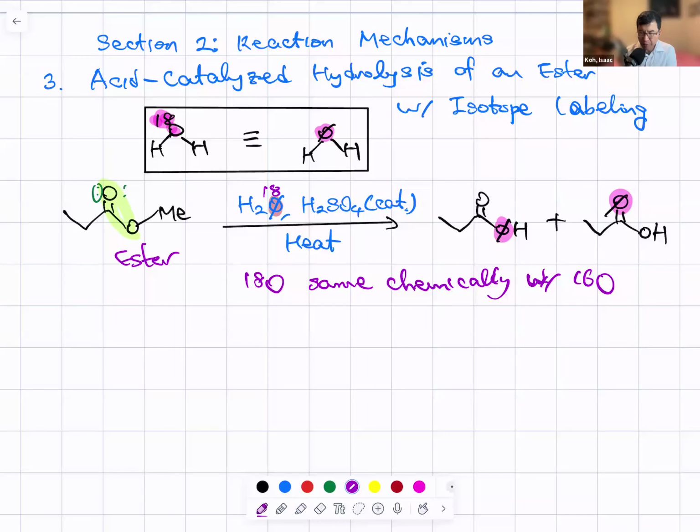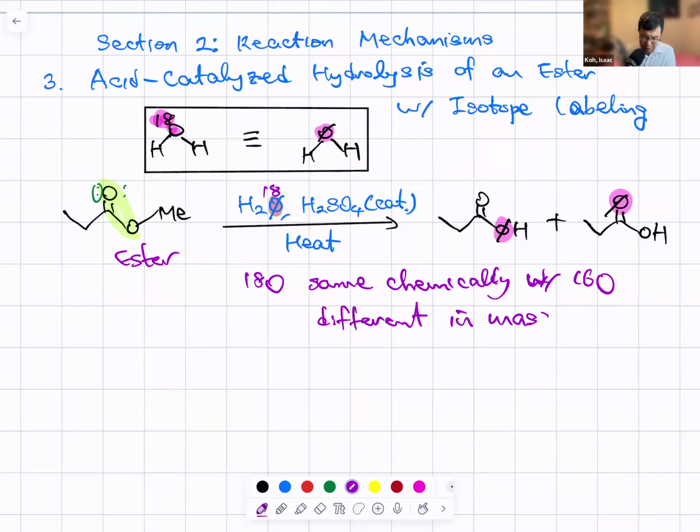The number of protons is the same, the number of electrons is the same. The only difference is the number of neutrons. So it is acting exactly the same as the main oxygen, oxygen-16, but different in mass. So later we can check it.